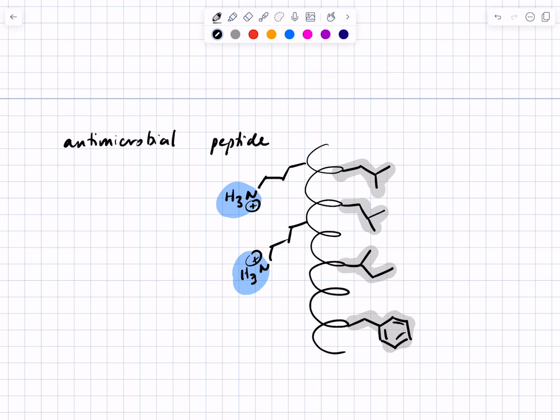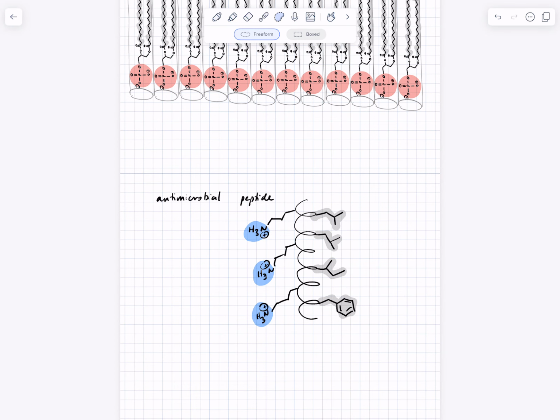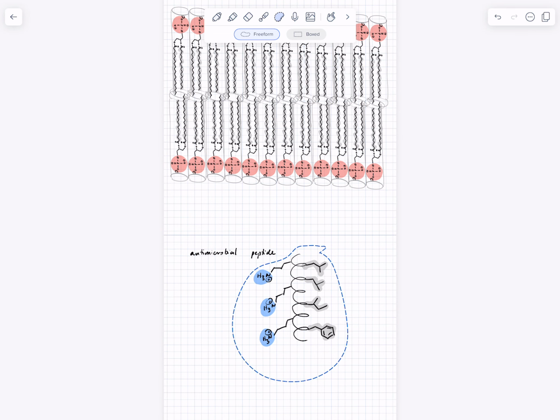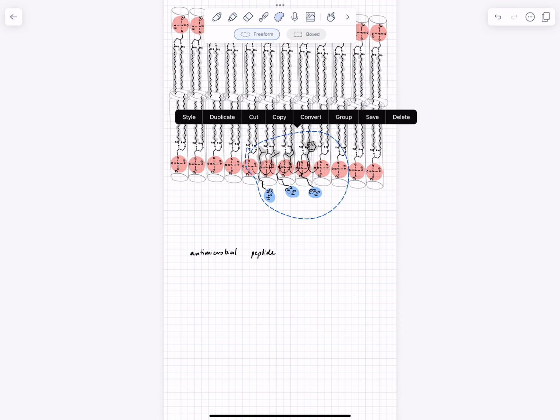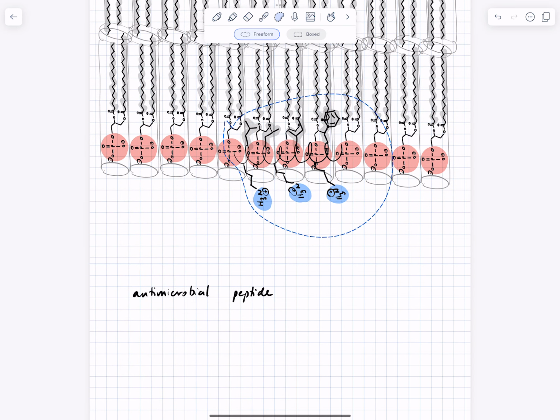And there are a few others, but we'll just draw the ammonium ones to remind you of that fact, all right? So if you have this peptide that is positively charged on one side, with positively charged side chains on one side, but nonpolar on the other, what can happen is that when that peptide gets in the vicinity of the bacterial membrane, the positive charges on the peptide associate with negative charges in the head groups of the membrane, and then there can be this flipping that allows the nonpolar portion of the peptide to embed itself in the membrane.